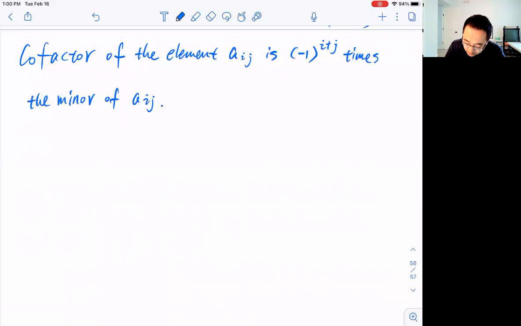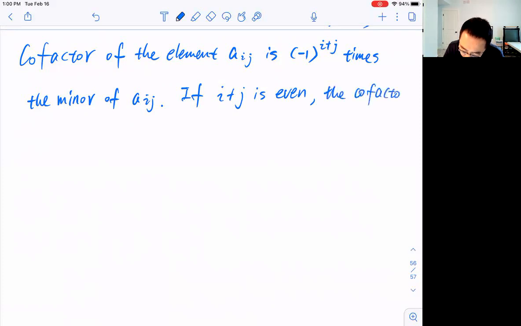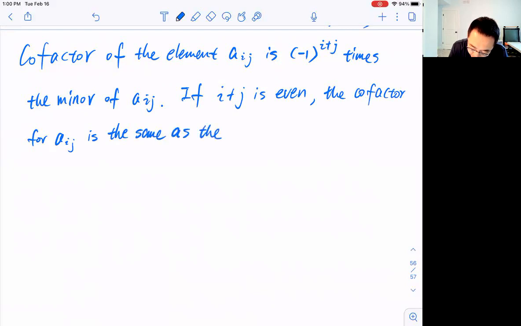So as a result, you can see if i plus j is even, then the cofactor for Aij is the same as the minor of Aij.